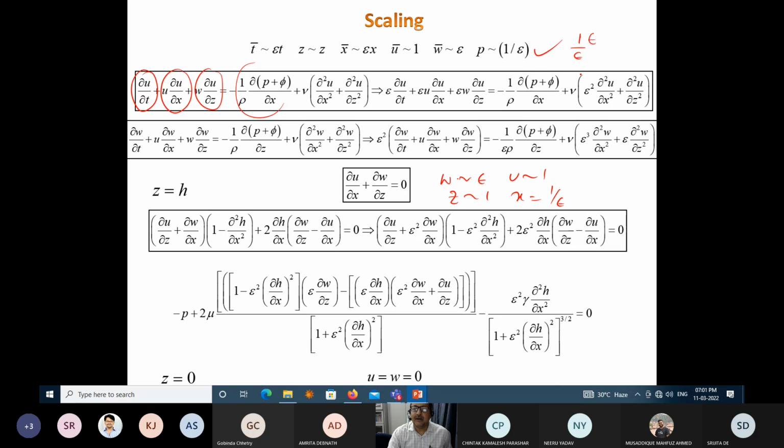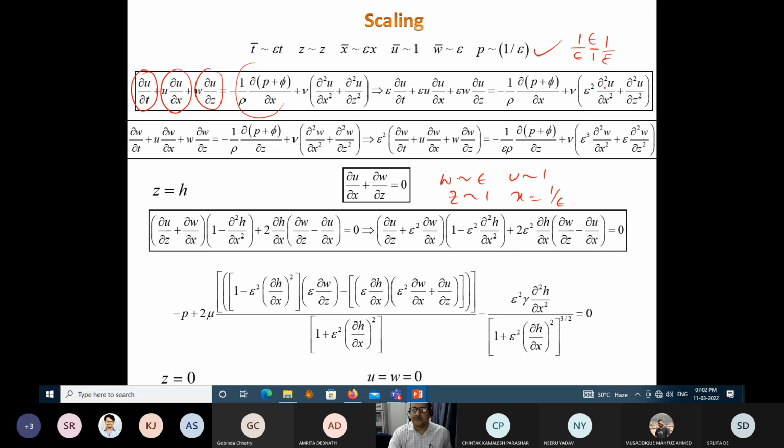So epsilon will go up here. You get the point, right? P and phi have 1 by epsilon and X has 1 by epsilon. Since X is in the denominator, it will go epsilon by 1. So epsilon will cancel out. You will see that there is no epsilon surviving. For X, there are 2 epsilon. That's why you are getting epsilon square.